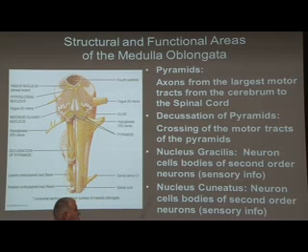So these nuclei, the nucleus gracilis and the nucleus cuneatus, are where cell bodies are located, and that's where neurons that originated in the spinal cord synapse with new neurons that carry it on up into the brain. So that's what these nuclei are. They're sensory relay centers.